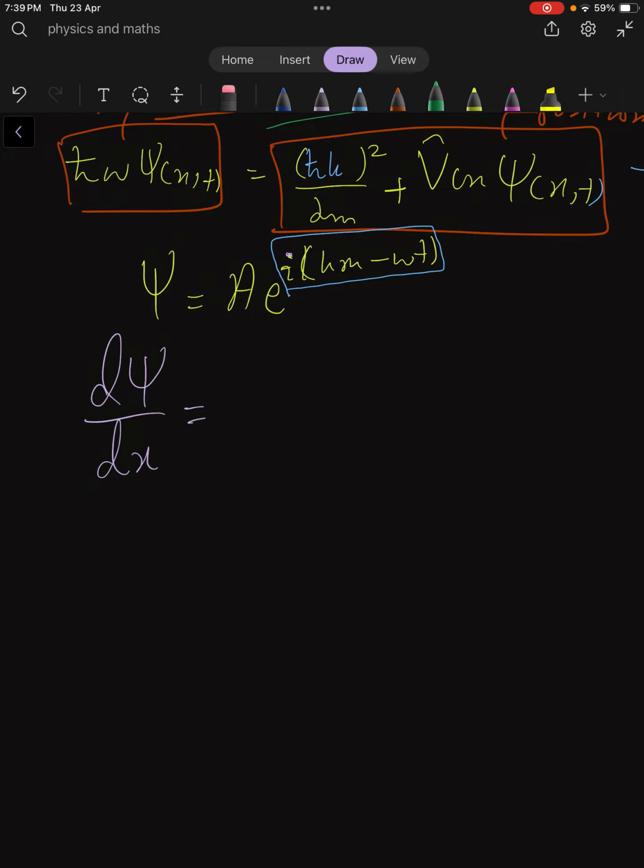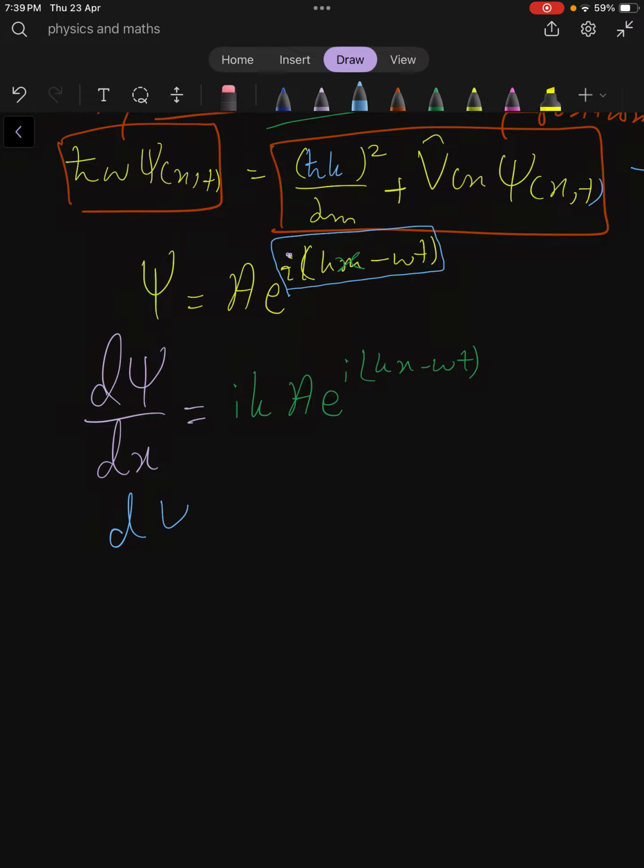So with respect to x, the i multiplies in, we get ik times e to the power i(kx minus wt).